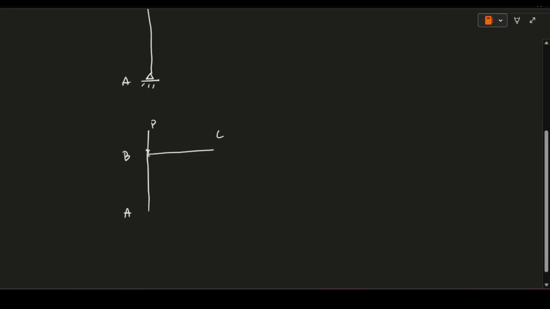So this part will buckle out like this, and this part will deflect somewhat like this.